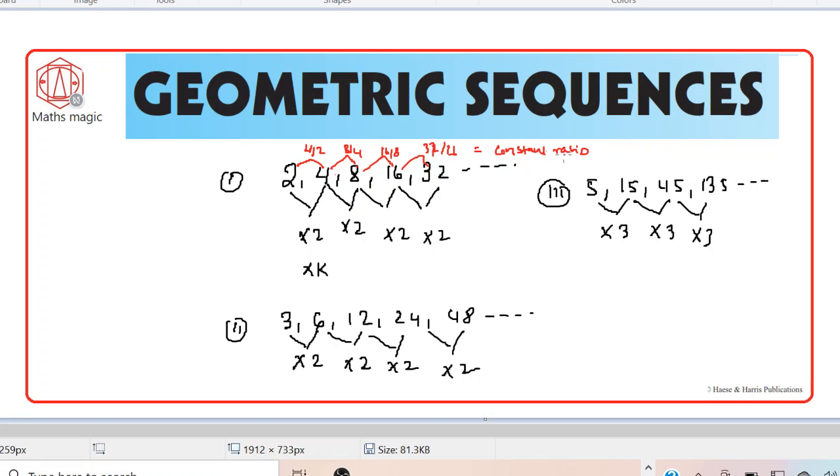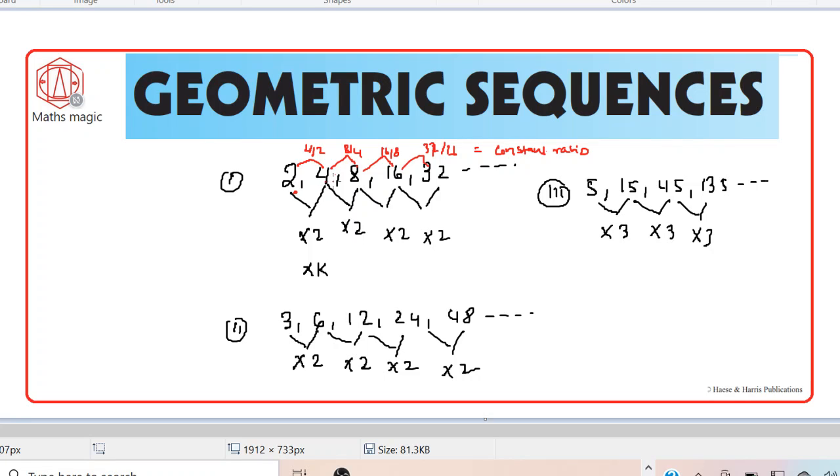So if any sequence has a constant ratio, then it's geometric. The easier way to identify if a given sequence is geometric is to simply find the ratio of consecutive terms, taking next term upon previous term.